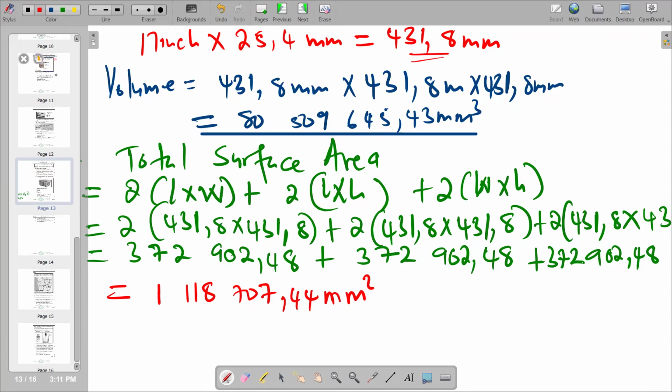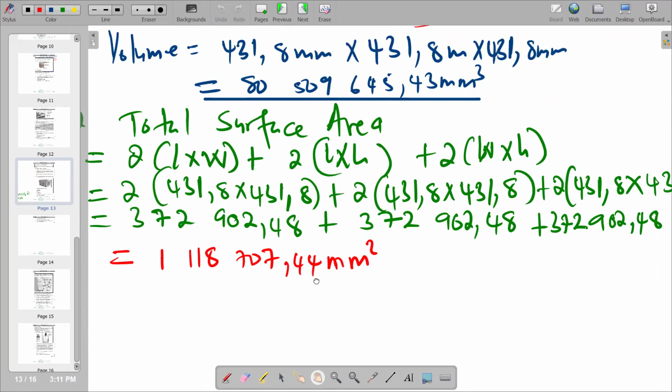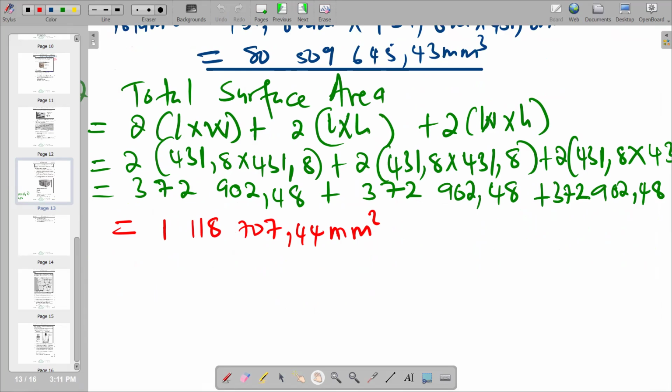But if you refer back to the question, let's see the requirements. We have to check if the surface area is more than 2 square meters, so you have to convert it to square meters to verify that. Remember, 1 square meter is equal to 1 million millimeter squared.